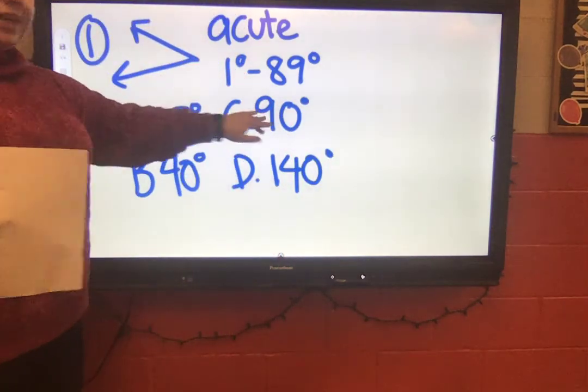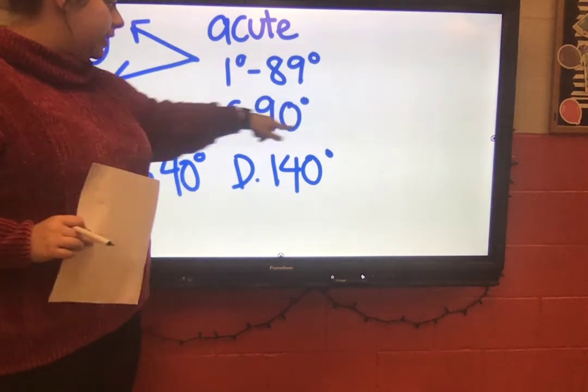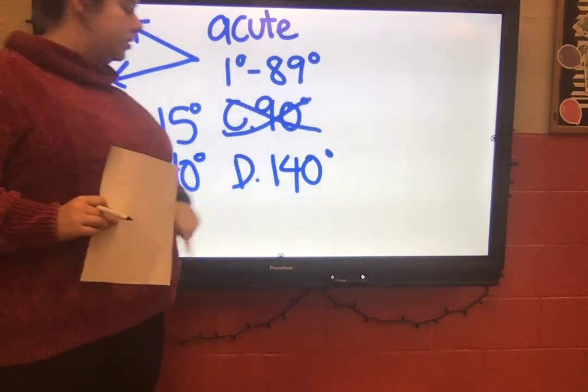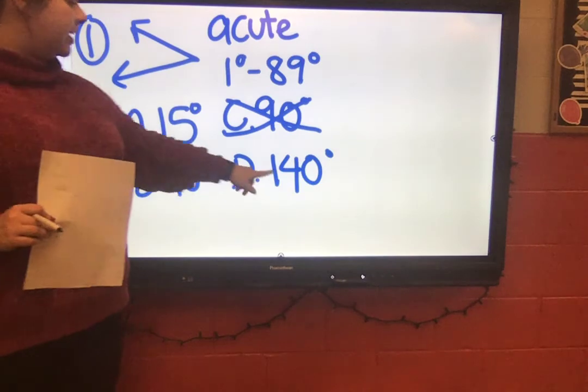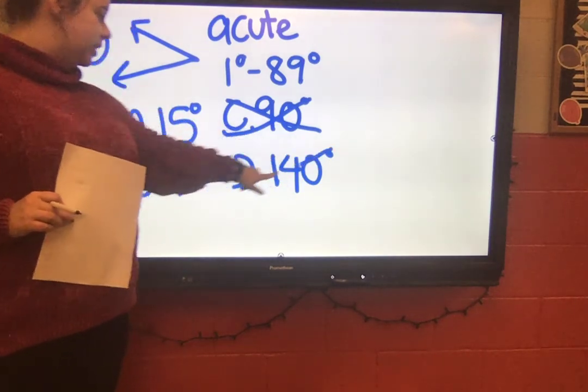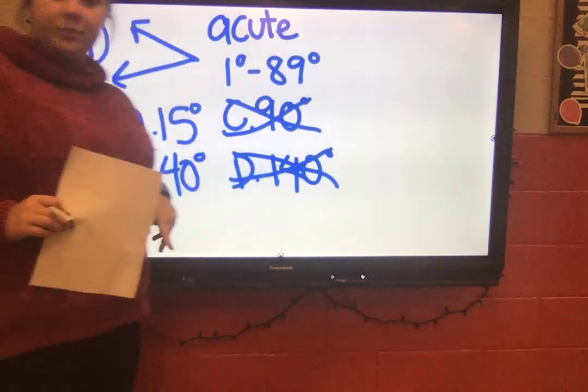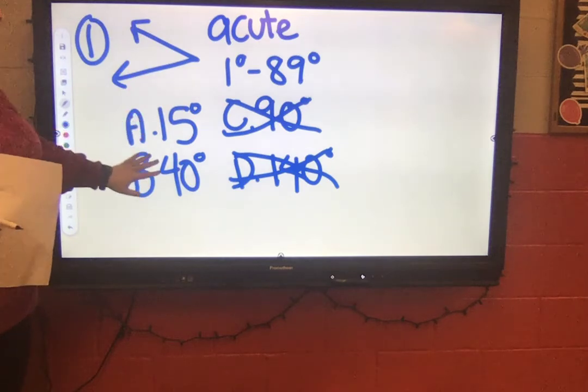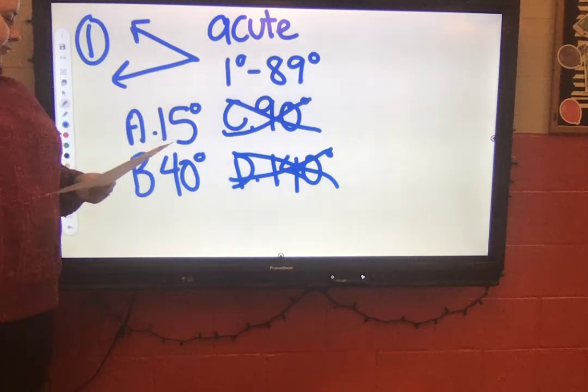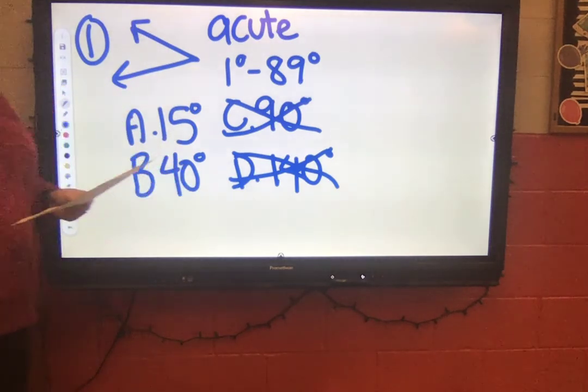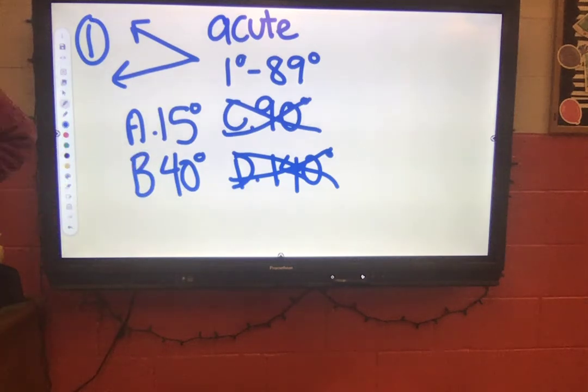Okay, so C is a right angle. That's not a right angle. I'm marking it out. D is 140. That's an obtuse angle. Marking it out. So I'm left with 15 or 40. Which one do we think that it is closer to?